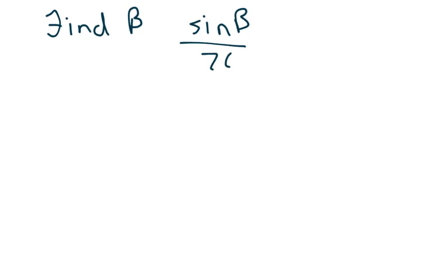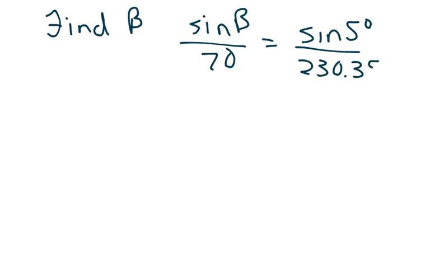So to find beta, I'm going to do sine of beta over 70 equals sine of 5 degrees over 230.35. Now, that's why we got this value in the first place, so we could find beta.